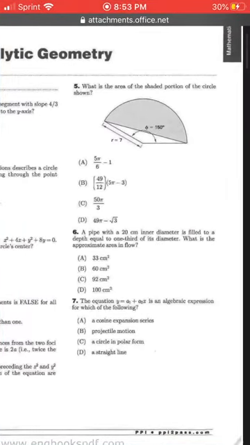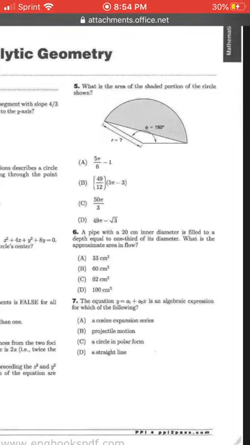All right, number 6. So a pipe with a 20 centimeter inner diameter is filled to a depth equal to 1/3 of its diameter. What is the approximate area in terms of flow? So essentially you've got a fluid going through a pipe with a diameter.